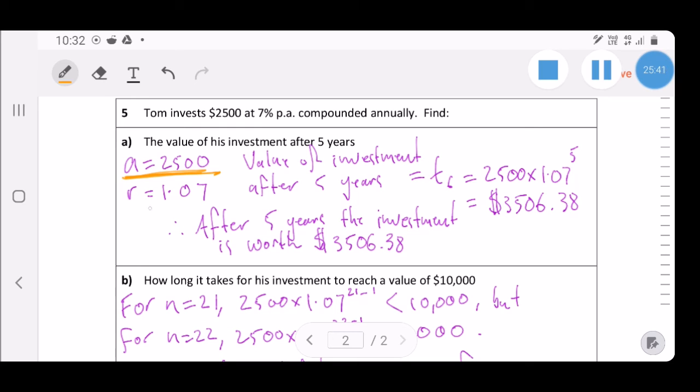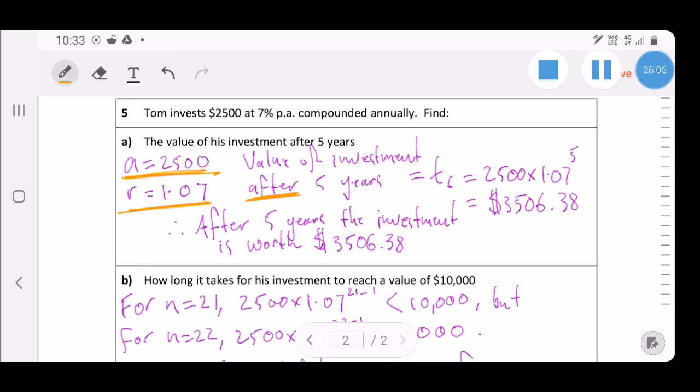And R is 1.07, because if you want to increase $2,500 by 7%, you have to multiply it by 1.07, don't you? Not 1.7, that would mean an increase of 70%. All right, so what is the value of the investment after 5 years?